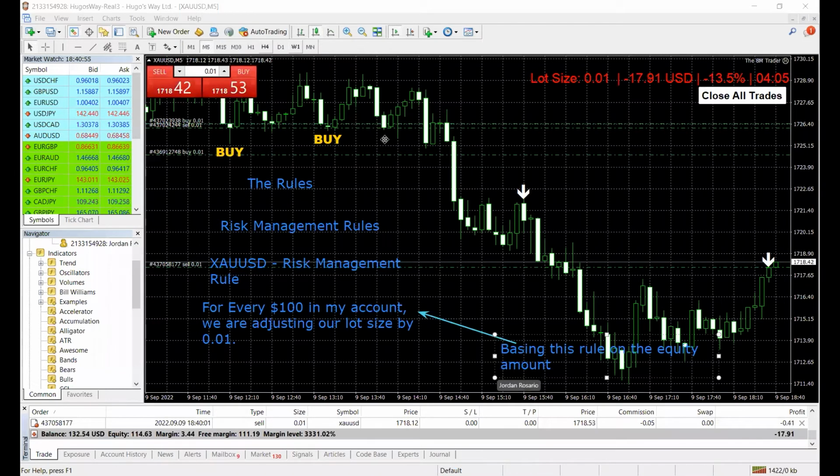So what does that look like? Whatever this number right here says, that's our lot size. So if that equity is about 114 and our balance is 200, let's say, we still stick with 0.01 until the equity rises to $200.